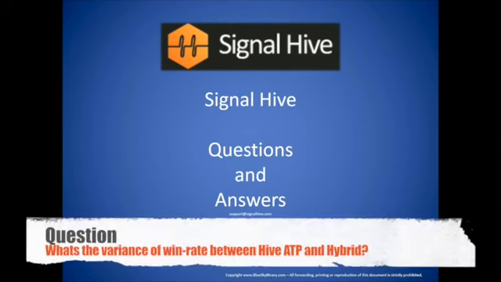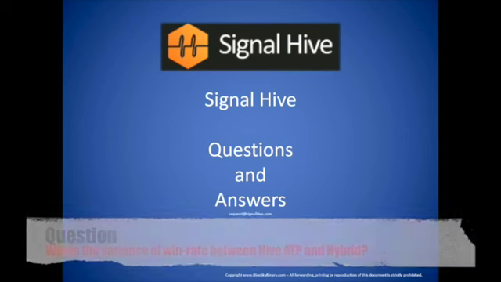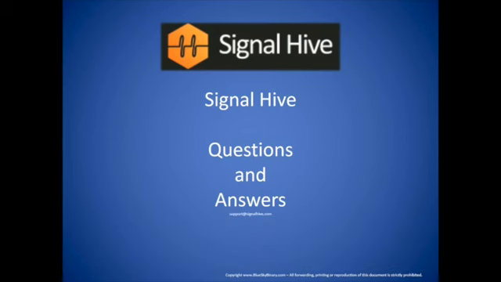Okay, Clay Trader is asking, can you tell me the variance percentage between ATP and hybrid in our win and loss percentage on average? Now, the thing is, between ATP and hybrid, the hybrid is an on-board auto trading solution, and the data analysis for hybrid is done internally, and this is something we can successfully track.